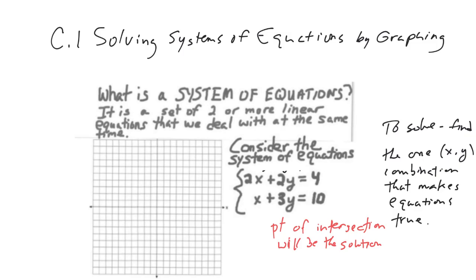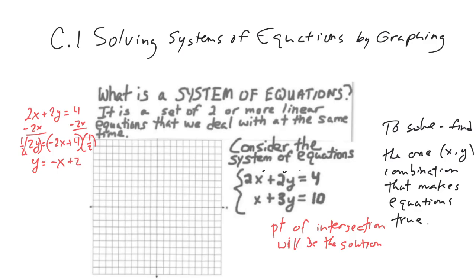I'm going to turn the first equation into slope-intercept form. I have 2x plus 2y equals 4. I'm going to subtract 2x from both sides, and I'll get 2y equals negative 2x plus 4. Multiplying by 1/2, I get y equals negative x plus 2.